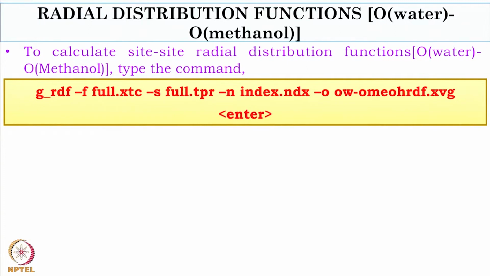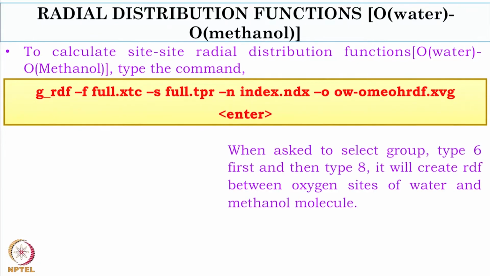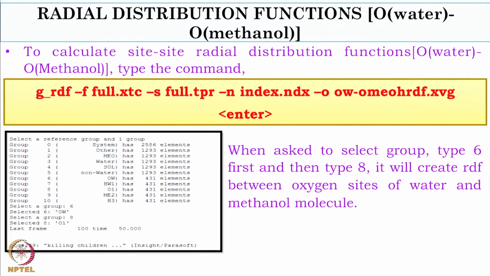I have given here OW for water and OMEOH rdf.xvg, and then it will ask you to select a group. Here you have to select 2 groups, right? First you select oxygen of water, it is in group 6. And then oxygen of methanol is in group 8. So first you type 6 and then you type 8, then it will create an rdf.xvg file.